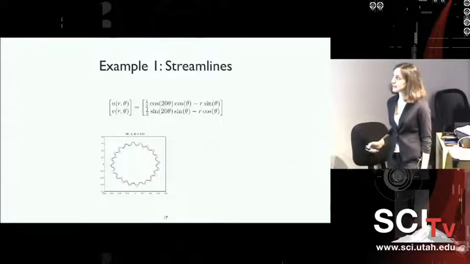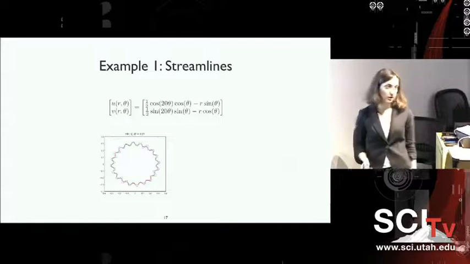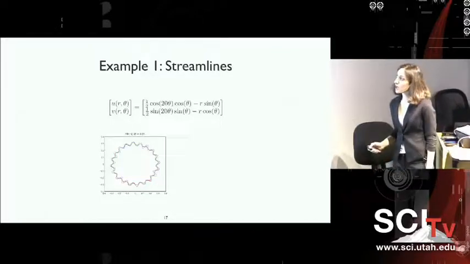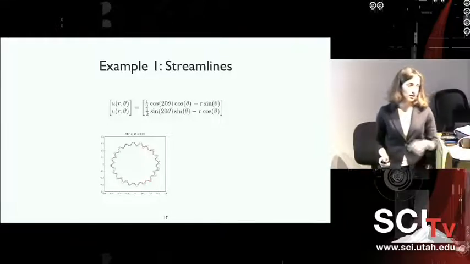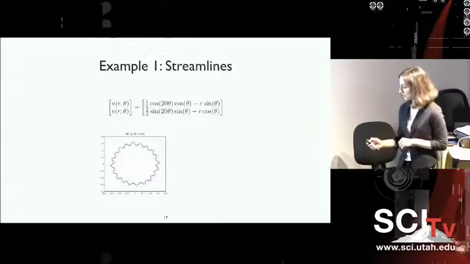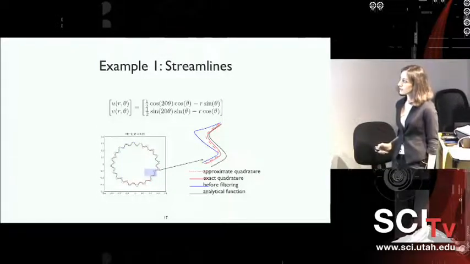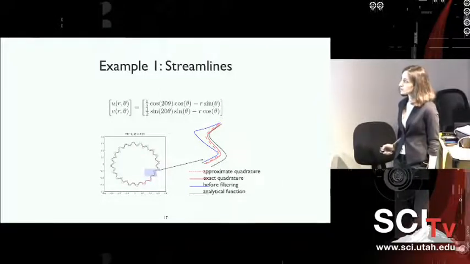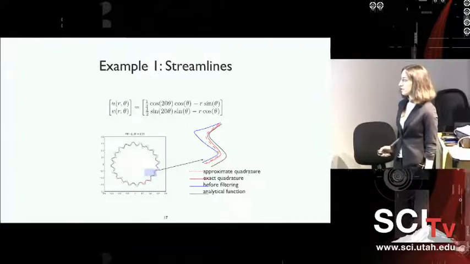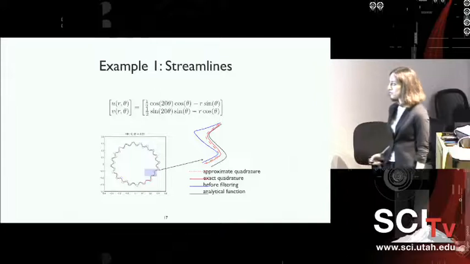Here I have an example of doing filtering using the approximate quadrature approach. Here I have a vector field that has oscillating closed circles as streamlines. In this zoomed in picture, the black line represents the streamlines that have been calculated using the analytical function. The blue line are streamlines that have been calculated with the DG approximation, basically before the application of the filtering.